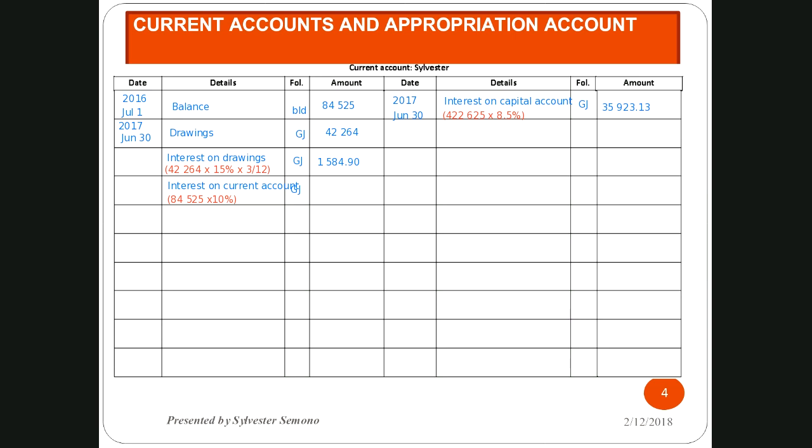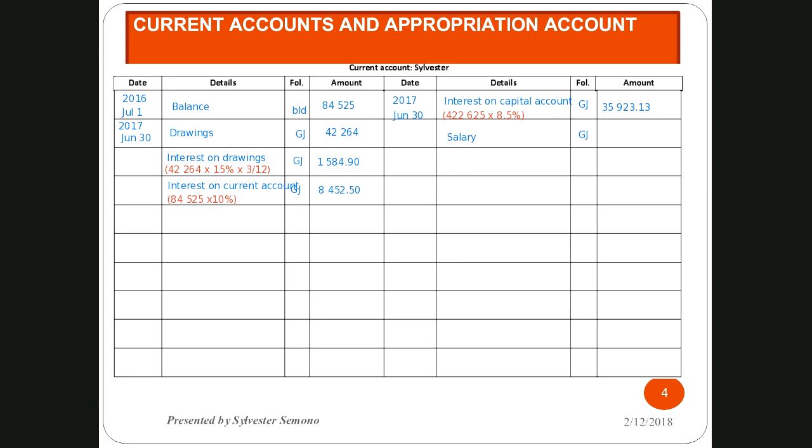They say both partners must receive annual salary. Remember the salary benefits what? The partner. We need to go and increase partner's account. And we must also show that we must go to the GJ, and thereafter the amount is given as how much? 217,875, and then this amount is annual. So if they said monthly, we were supposed to convert this amount to a monthly figure.